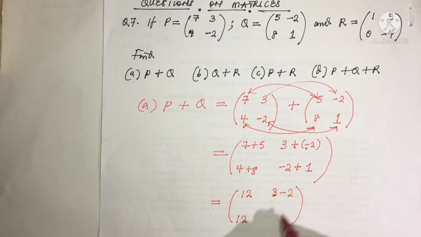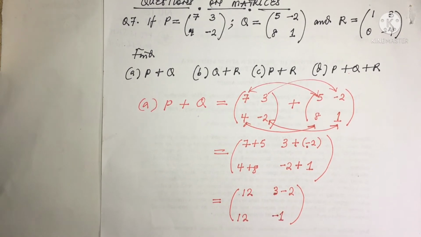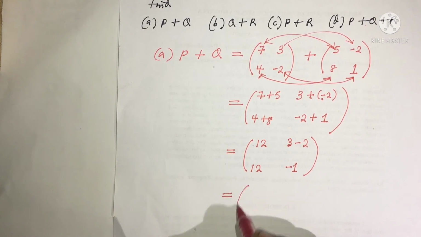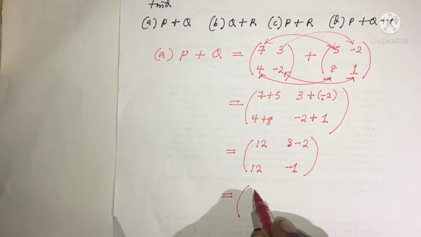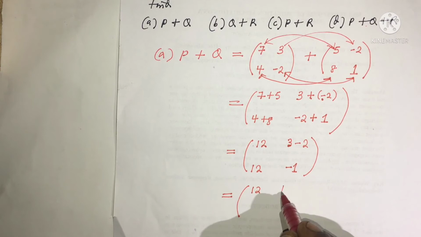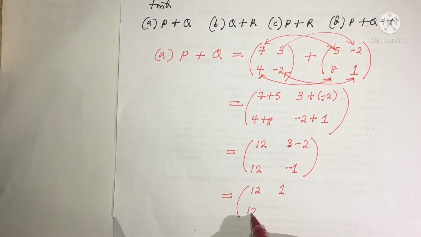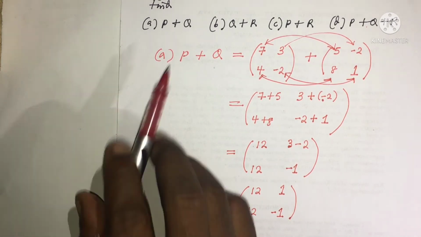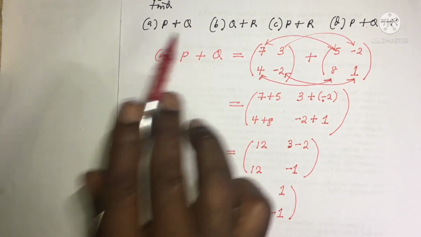And minus 2 plus 1 will give you minus 1. So if we simplify the problem further, our result to P plus Q will be 12, 1, 12, minus 1. Okay? And that solves the very first problem, P plus Q.